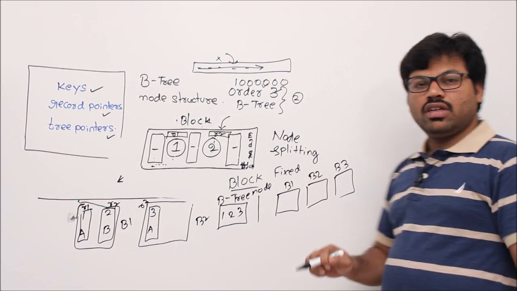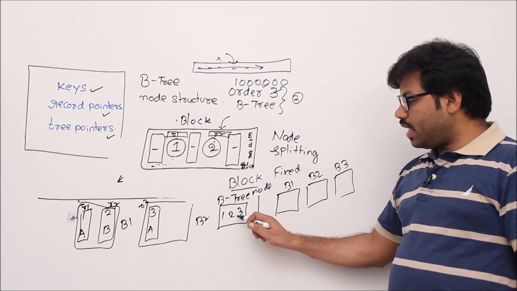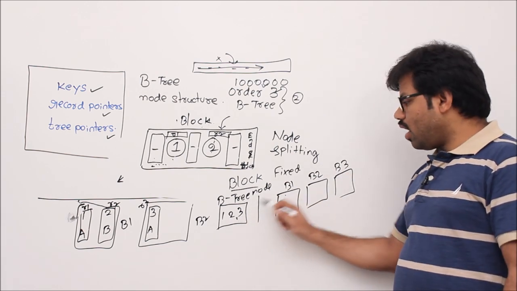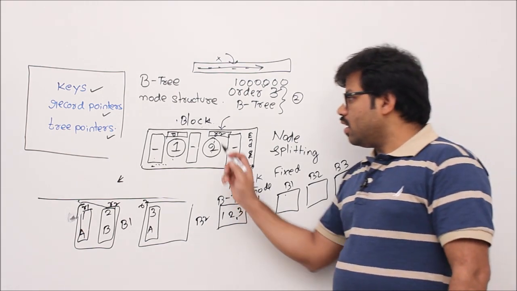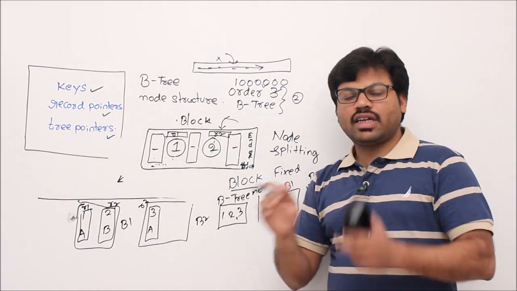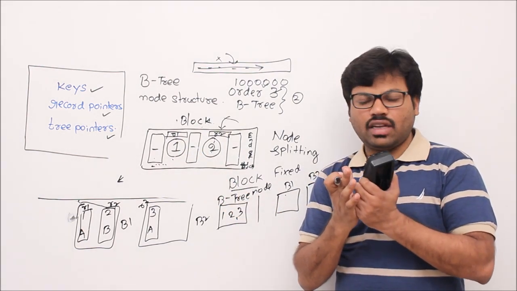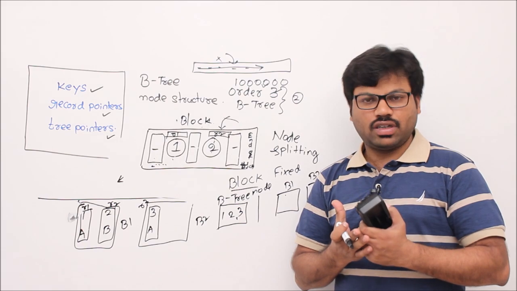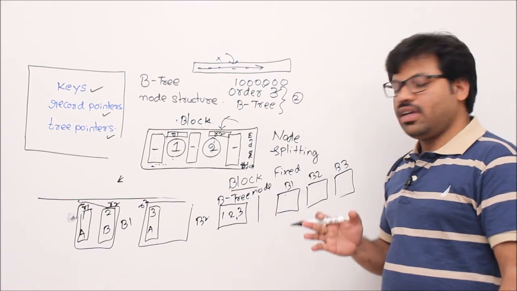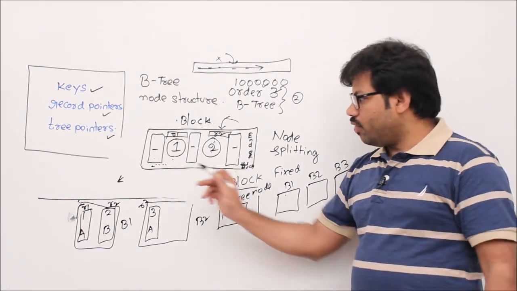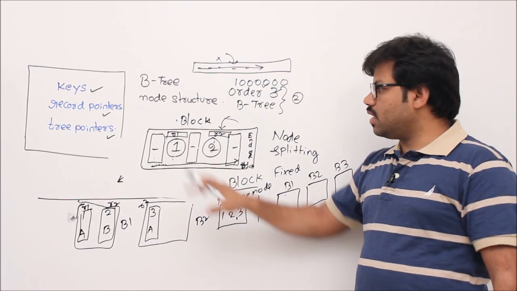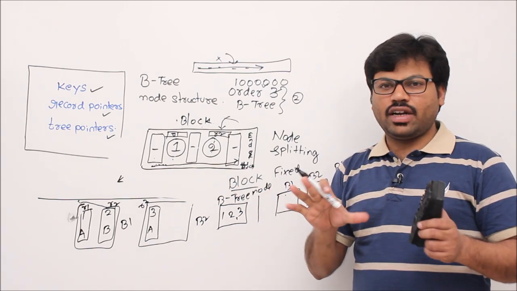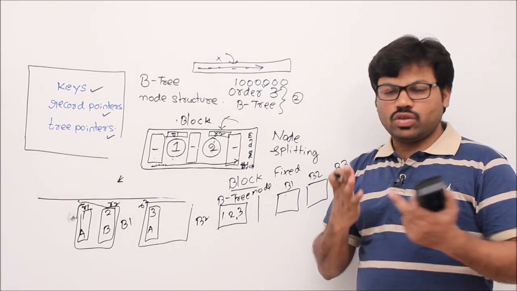Now my question: should I store my B tree node in one block or multiple blocks? Think about it. This B tree node is a collection of similar information. When you are searching for a node, we first have to search this entire B tree node. So this is collectively similar, closely connected information.